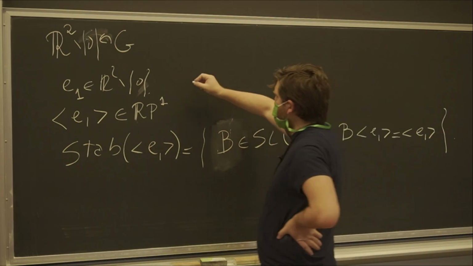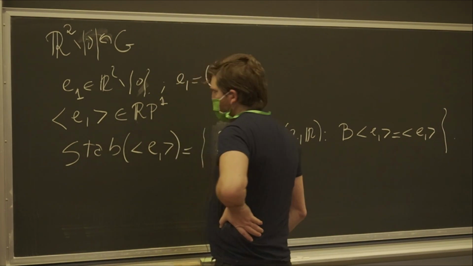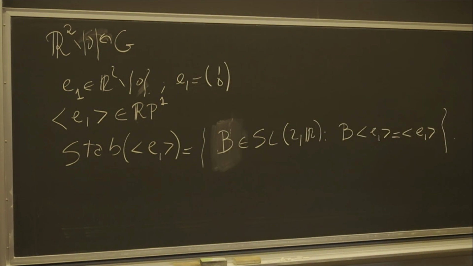So e1, is this vector (1, 0). So this is the stabilizer.